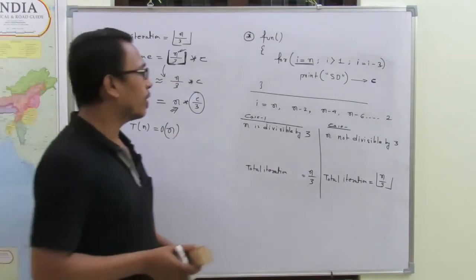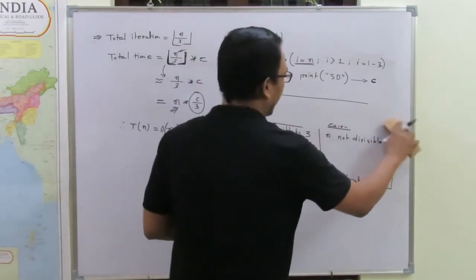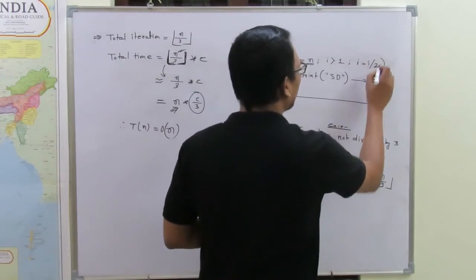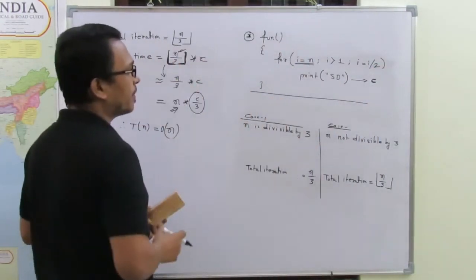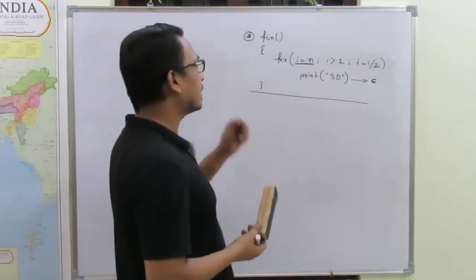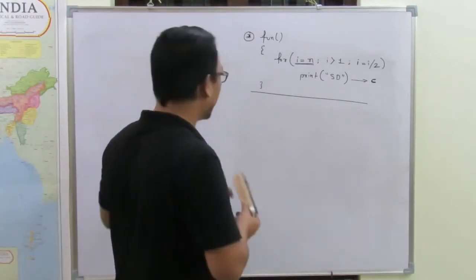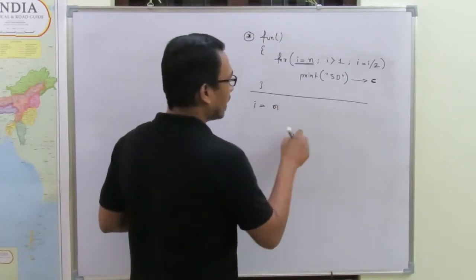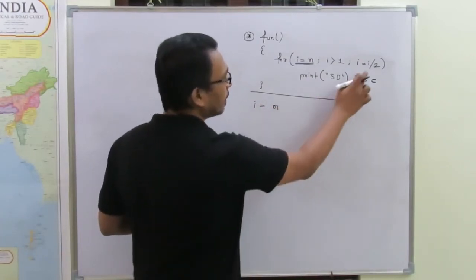So now what happens if we change the problem as I divided by 2? Now this is something important. So what happened in this case? In this case we will get the value of I start from n, and the next value of I will be I by 2.